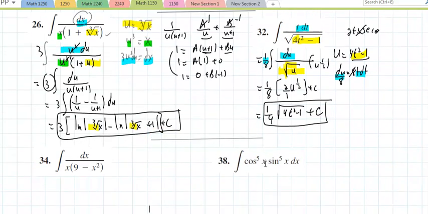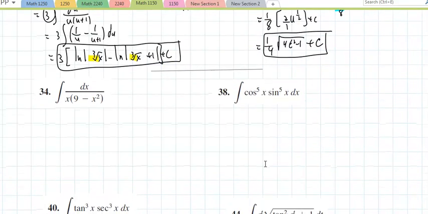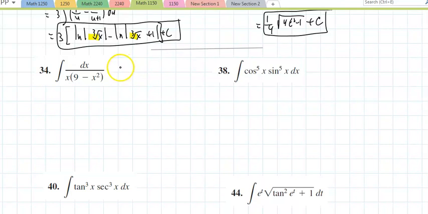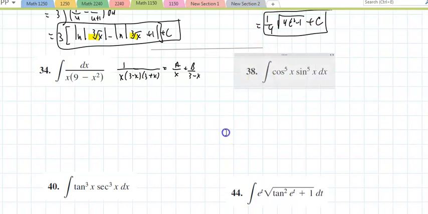The next couple of problems I chose, 34 and 38. Here, obviously, this is partial fractions. I'm looking at 1 over x into 3 minus x into 3 plus x, and that equals a over x plus b over 3 minus x plus c over 3 plus x.